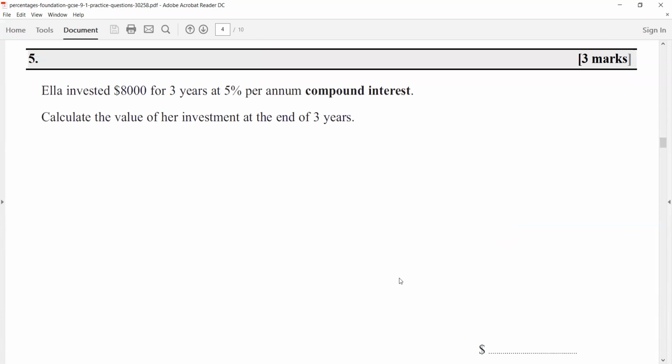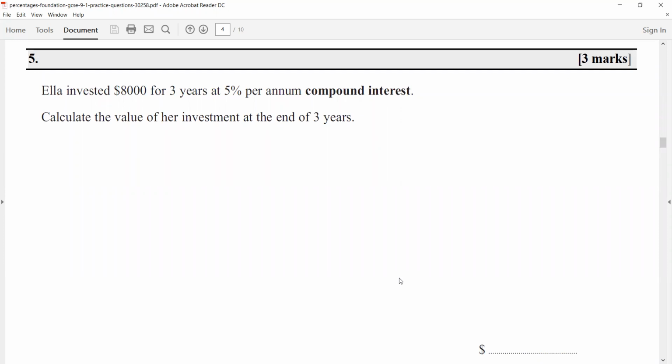Right. Next one then, compound interest. Okay, so compound interest is where you pay an interest every year for a certain amount of years, but it's interest that you work out yearly, and the amount on which that interest is calculated will change every year because you work it out at the end of each year or at the start of that next year.